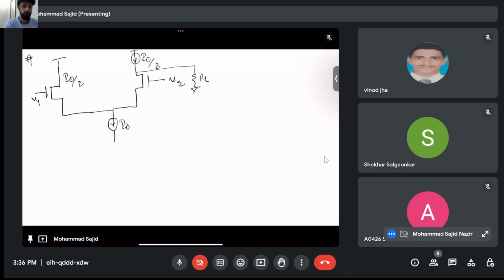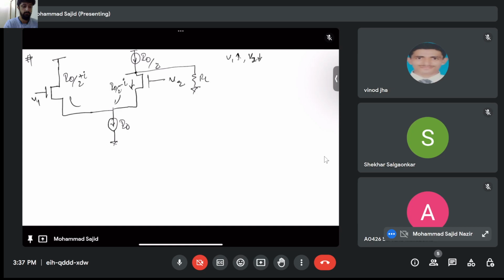So how we can study in this way as well. So this is I naught. If V1 increases, V2 decreases, so there will be a current of I naught by 2 plus 1. So below this node, there will be a current of I naught by 2 minus 1.